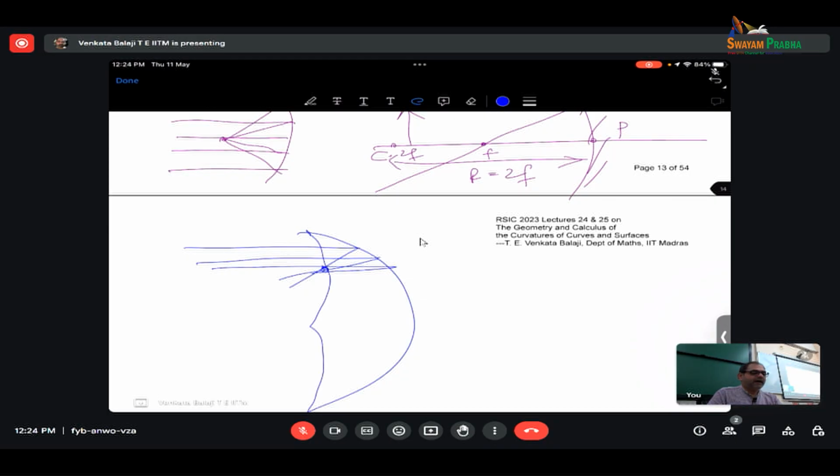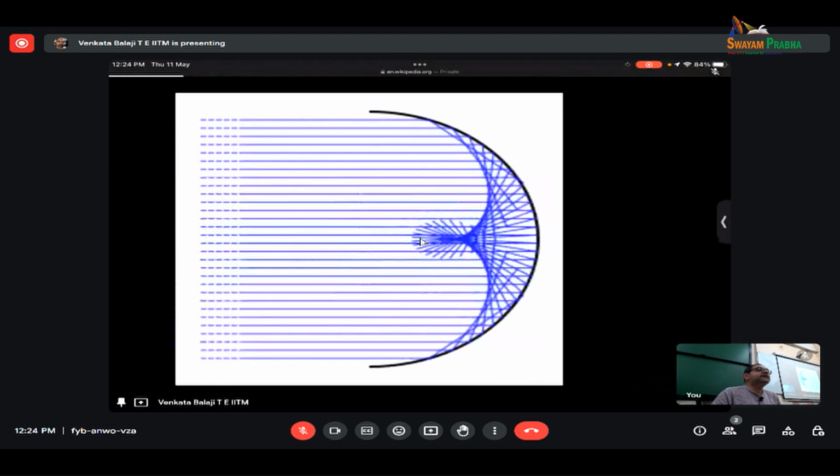Okay, so let me just see whether I can show that to you. Let me not show it here. Okay, you see that the envelope of all the reflected rays is the curve that touches all the reflected rays, and that's the curve where all the rays condense, and that is your nice curve that you get. Okay, that's what you're seeing.